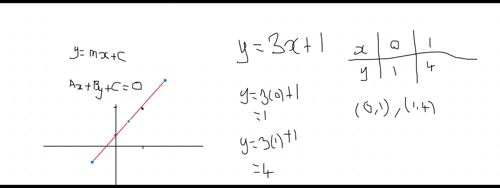But since I'm not doing exact measurements, I'm just estimating. That is why my straight line does not go through the points exactly. But this is basically how you can graph a line, using method 1, method 2, and method 3. Yeah, thank you for watching, and see you in the next video.